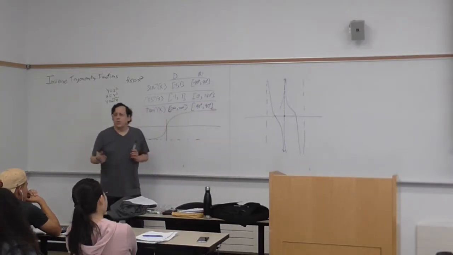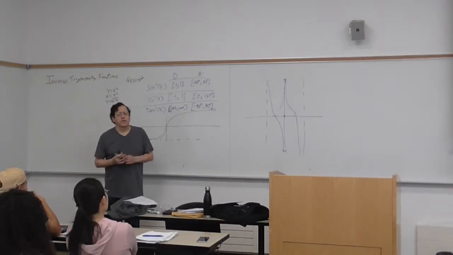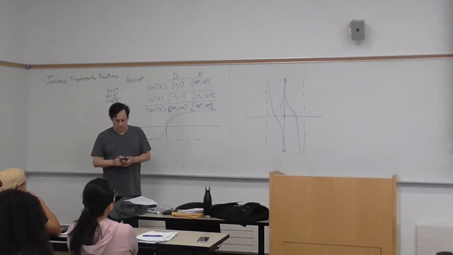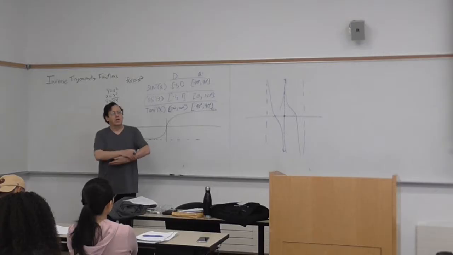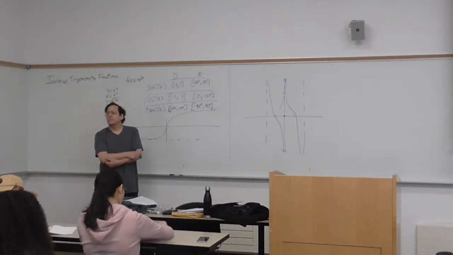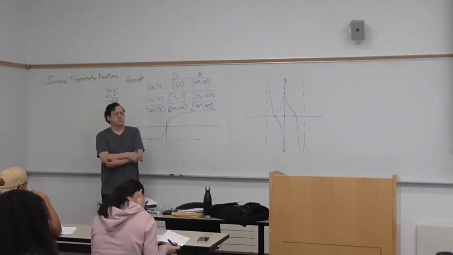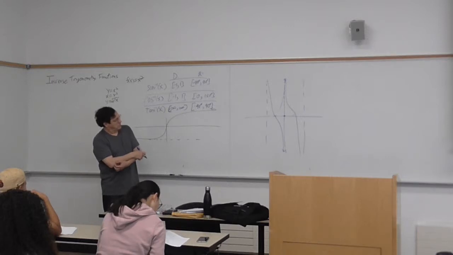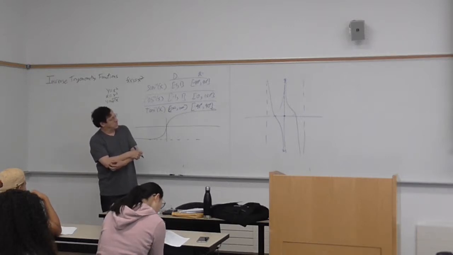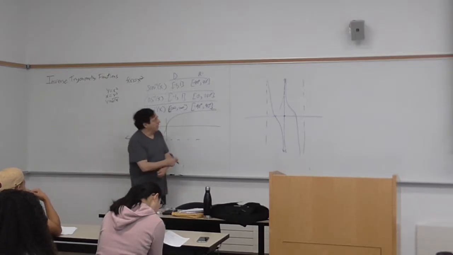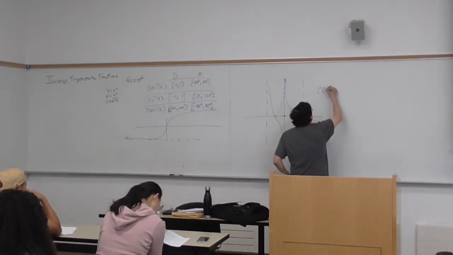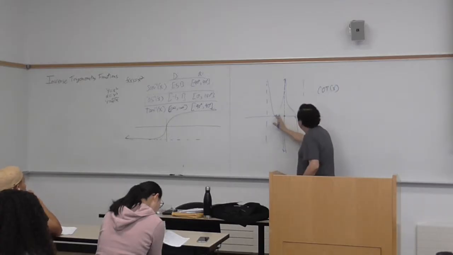So where do you think we're going to restrict the domain? Just taking a look at that diagram, it would be a smart place to draw the line, so to speak. This is the cotangent function, and I want to restrict its domain.